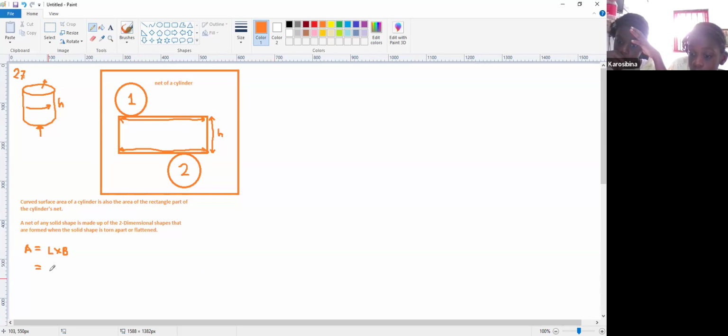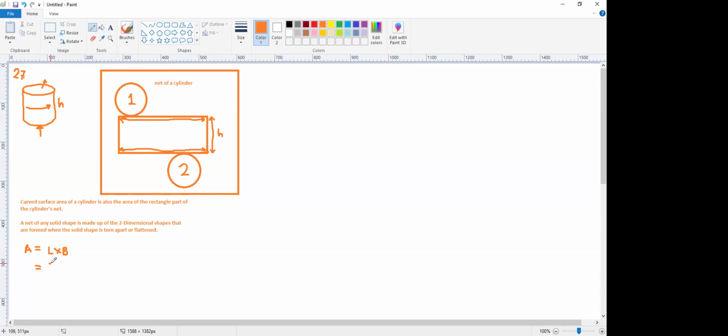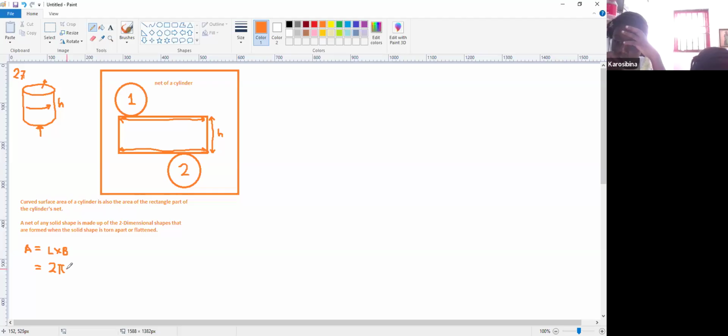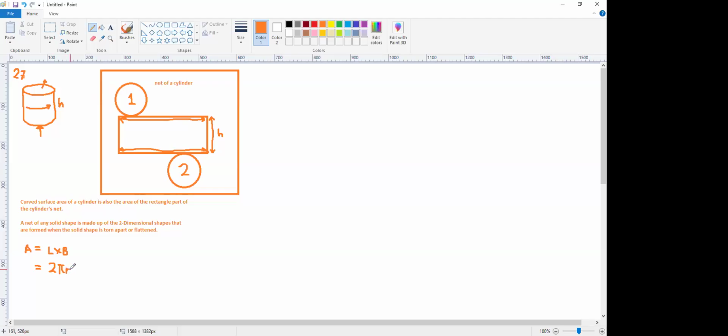Now let me write it here so that you will not forget. 2 pi r. That is the length. The breadth is given by the height of the cylinder. So let's write it there like that: h. Can you see what is happening now?